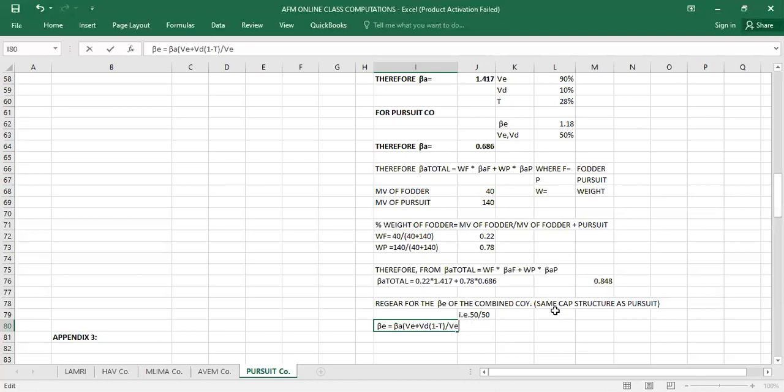So we can say that's equal to our beta, 0.5 plus 5, plus 5, 1 minus.